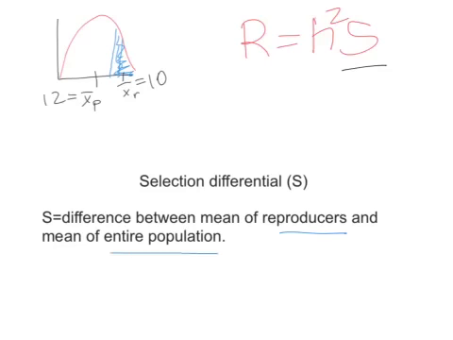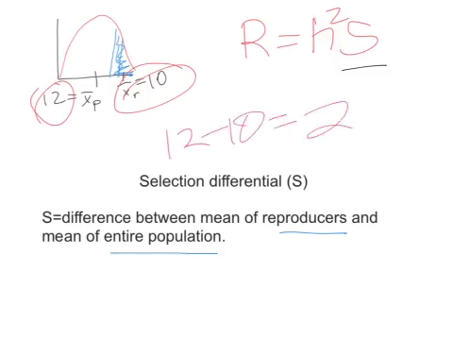Looking at this example at the top left-hand corner, the average population is 12, and the average population of reproducers is 10. To find S, we take 12, subtract 10, and we get 2. So in this scenario, S is equal to 2.